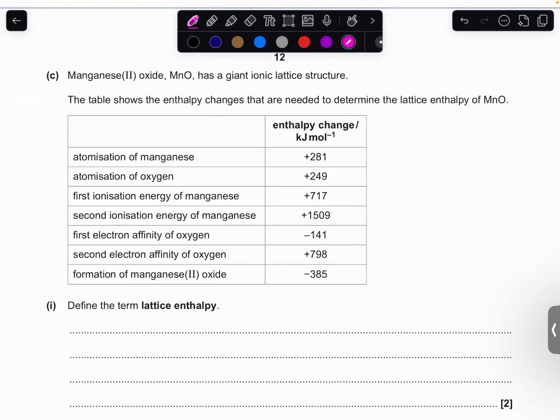Next question is about lattice enthalpy determination by using all these values: atomization, ionization, first and second, electron affinity, first and second. And you've got your formation as well. So all these values here are given.